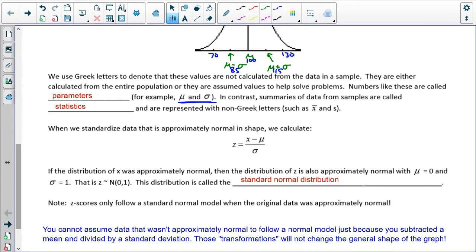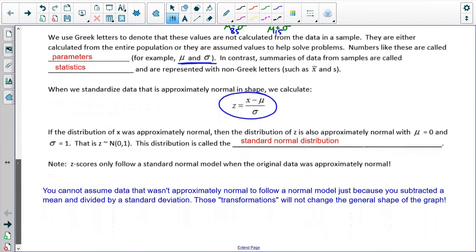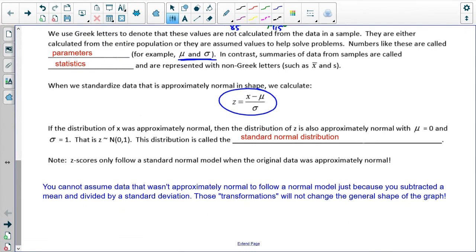When we standardize data that is approximately normal in shape, we calculate a z-score. We learned about z-scores before. Z-scores are great for comparing things that have unlike units and aren't exactly similar in nature.